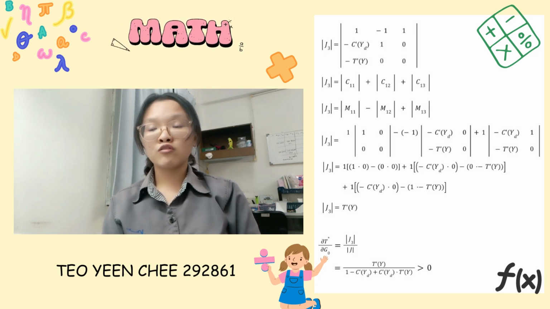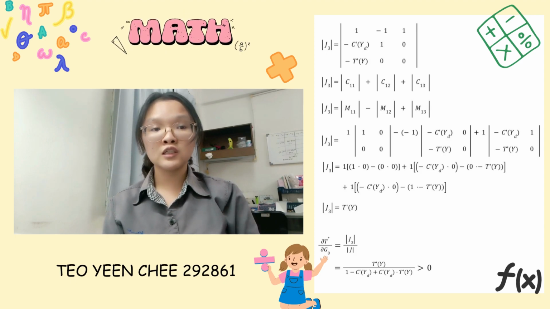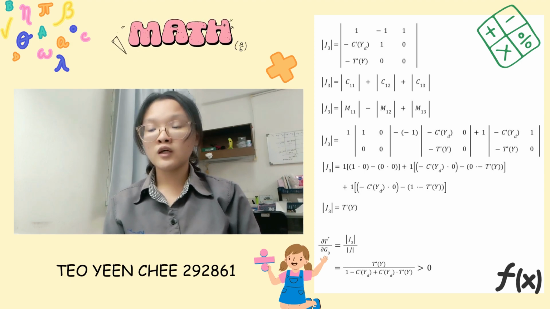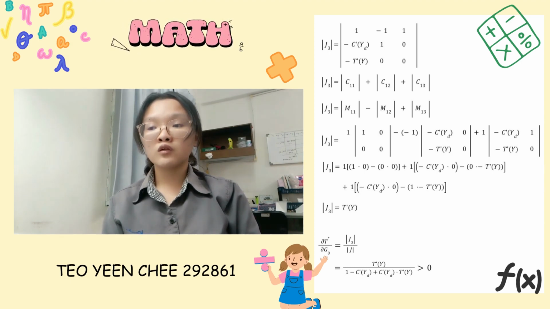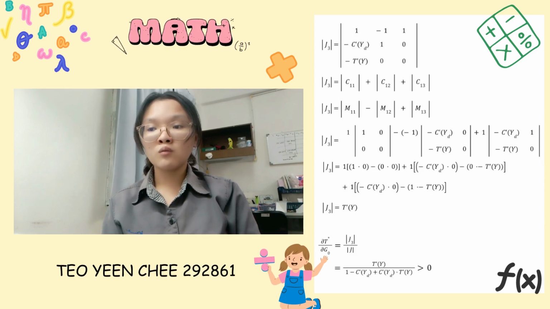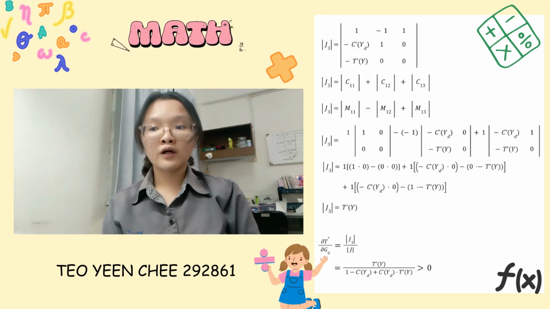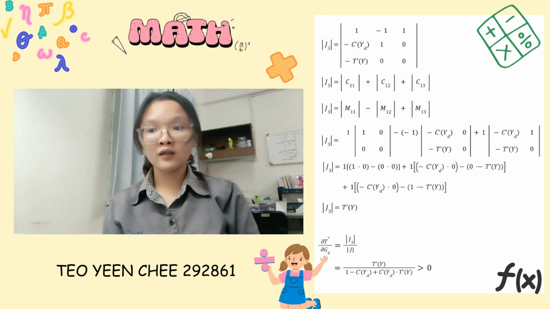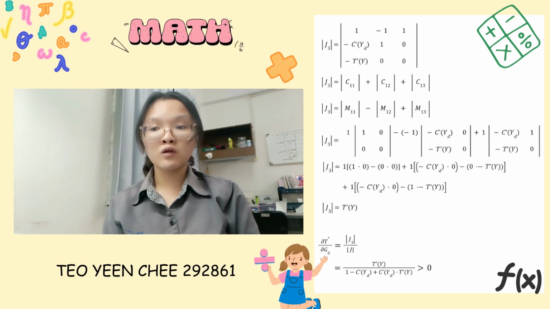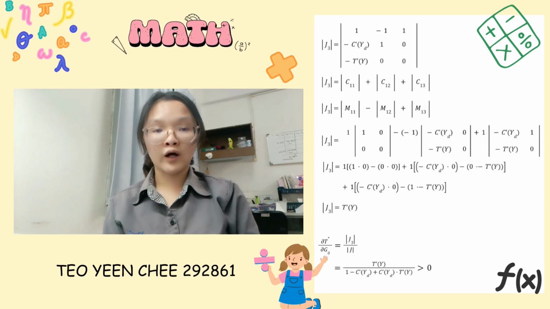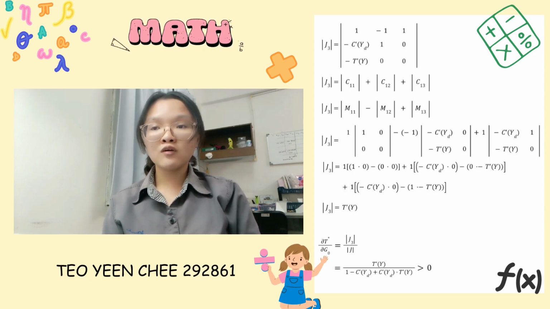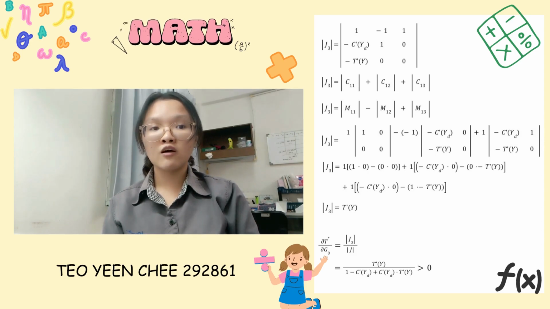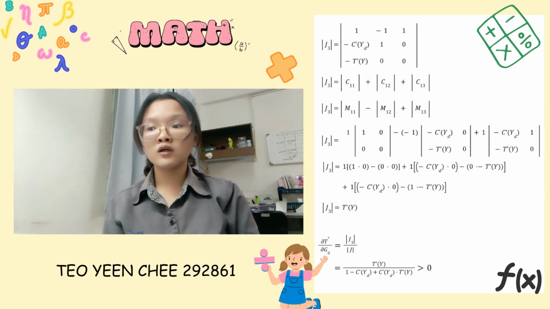Putting our first row in front of C11, C12 and C13, we get J3 equals 1 multiplied by the determinant of 1, 0, 0, minus negative 1 multiplied by the determinant of negative C prime YD, negative T prime Y, 0, 0, plus 1 multiplied by the determinant of negative C prime YD, negative T prime Y, 1, 0. Then after we calculate all, we will get J3 equals T prime Y.